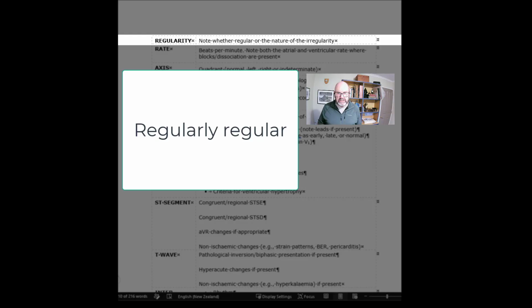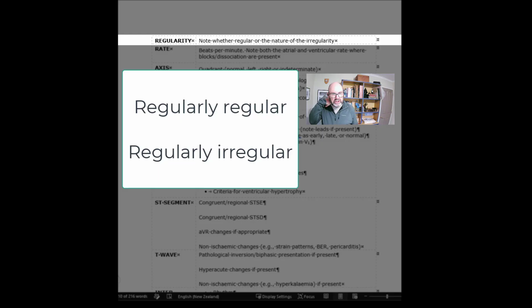For this definition to be true of any cardiac rhythm, the R to R intervals are essentially equal in length. In general, if the difference between the R to R intervals is less than 0.08 of a second, that is two small squares, and there's a predictable sequence to what's happening, then the rhythm is considered to be regularly regular.